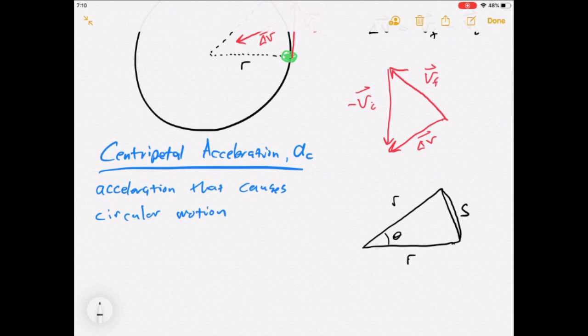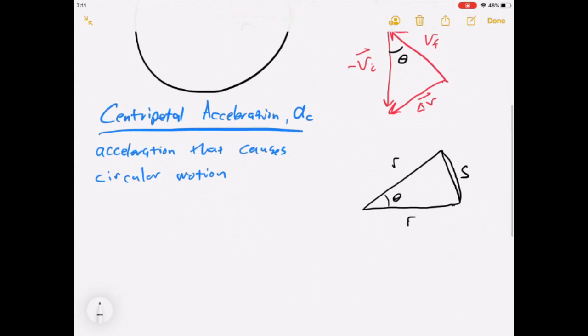Okay, so here's what I want to say. These two triangles are similar. I didn't draw them super close to scale, but what I mean by similar is they have the same angles. All right, so I can write the short side divided by one of the longer sides equals the short side divided by one of the longer sides.